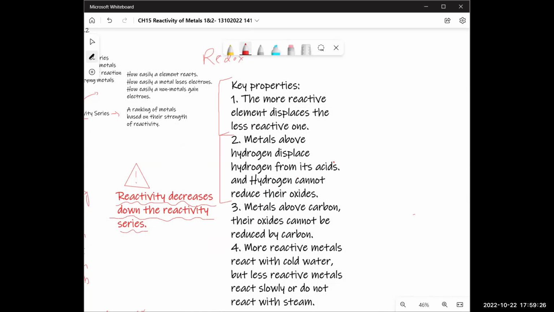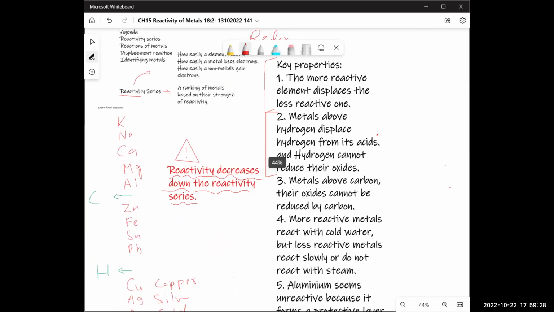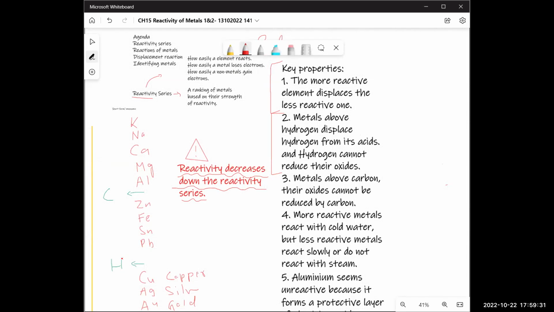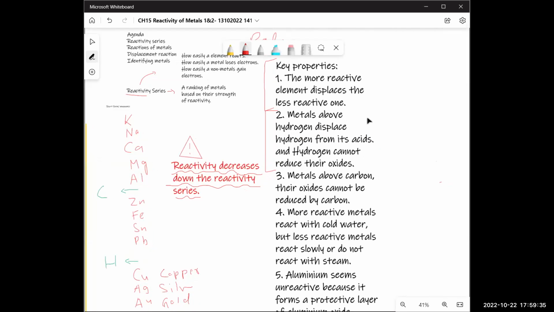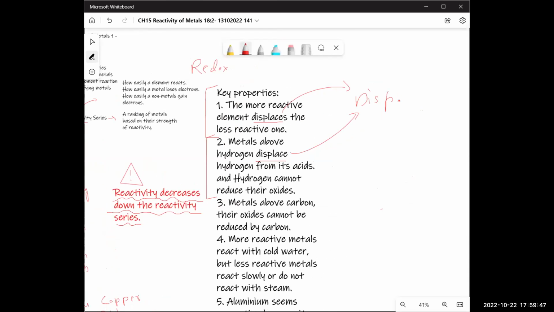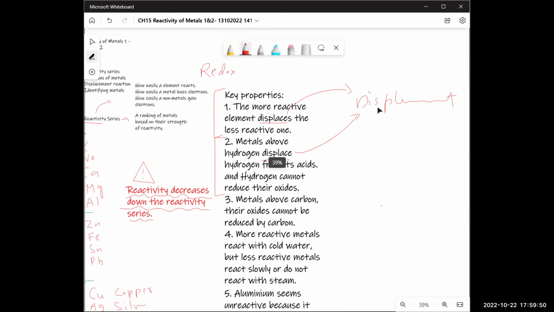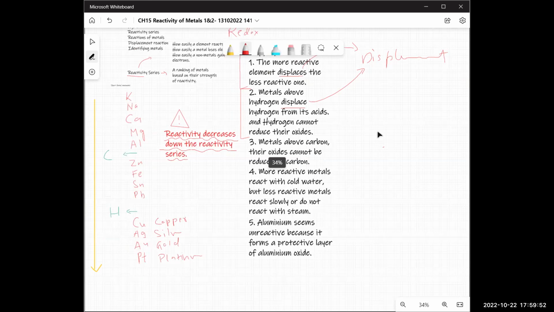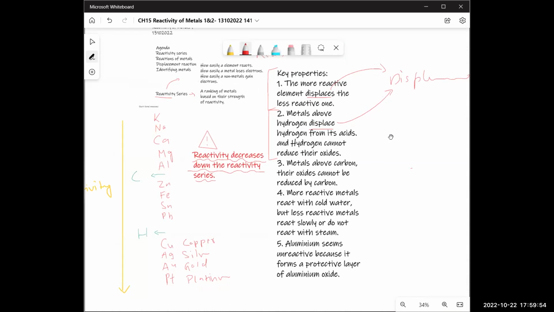Now, what this basically means is that metals above hydrogen displace hydrogen from its acids. We're seeing a word called displace, and that is a hint towards something called a displacement reaction. We'll go there in a second again. What I want you to do right now is quickly write the key properties of the reactivity series in your notebook. Tell me when you're done writing.